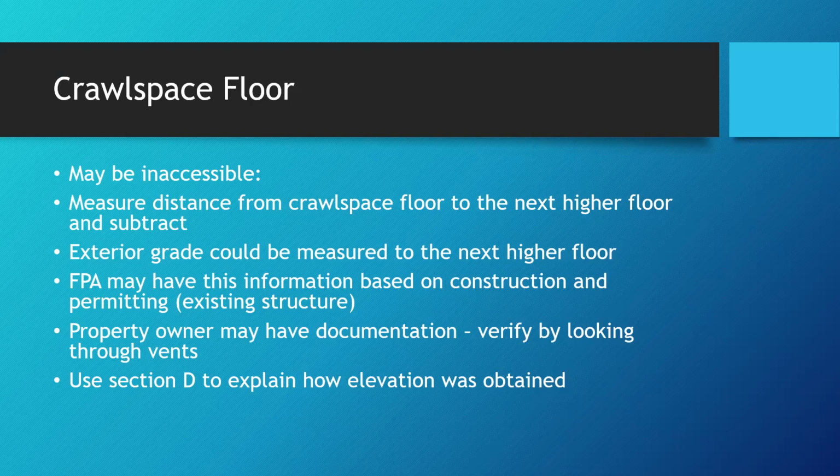The floodplain administrator might have this information that's based on the construction and permitting for an existing structure, or the property owner might have documentation on the construction, and you might be able to verify that by looking in through the flood openings. So yeah, that's just the methodology that they give in case it's inaccessible, and then you would put that in section D, explain how this elevation was obtained.